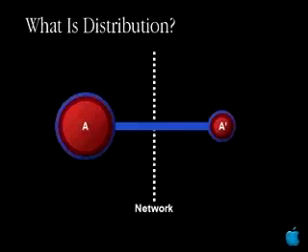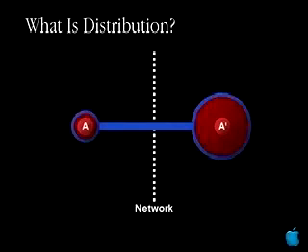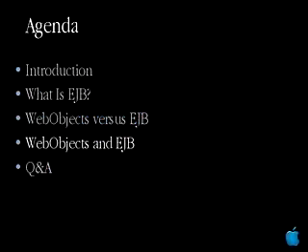It can be a much smaller object. It can have a whole lot of client-side specific logic. But you have complete control over that distribution, and that control is essential to creating scalable distributed applications. Okay, so that's a gloss on WebObjects versus EJB.